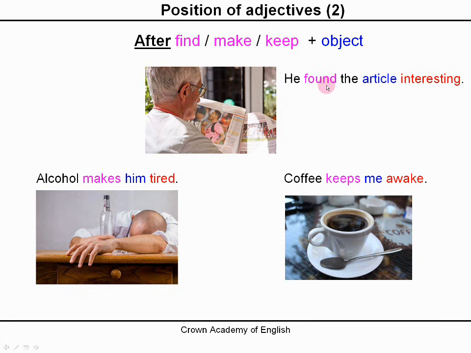So these three verbs, find, make, keep, followed by an object, and the adjective is after. So a reminder, in these examples, the adjective functions as an object complement. An object complement, because the adjective is describing the object of the sentence, not the subject.